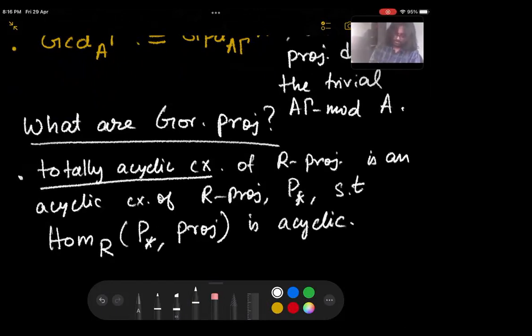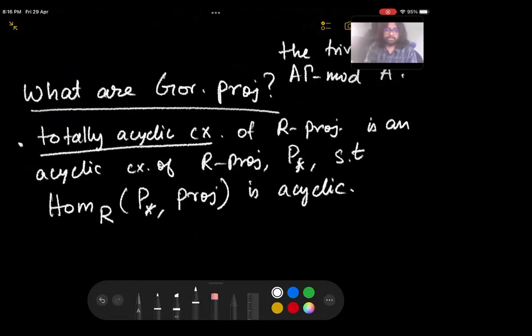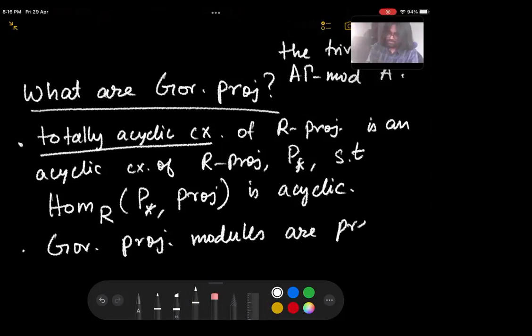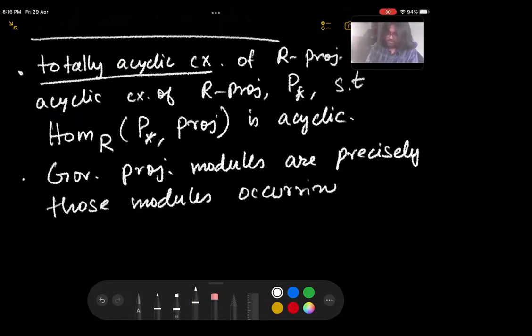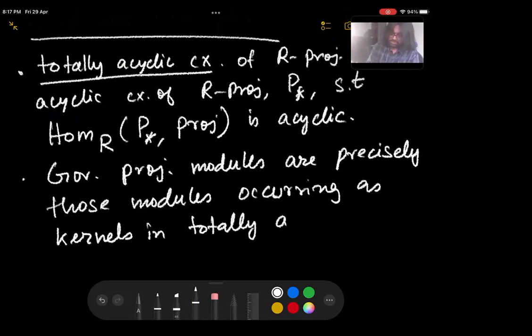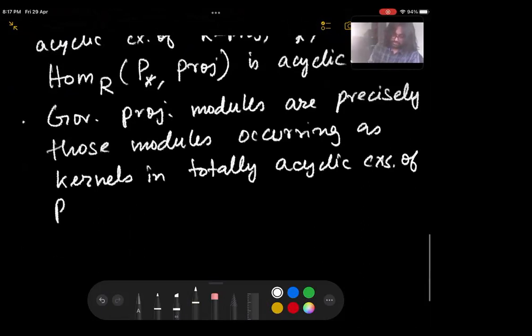So such complexes are called totally acyclic complexes. And Gorenstein projective modules are precisely, I'm giving you the definition now, precisely those modules that occur as kernels in totally acyclic complexes of projectives.